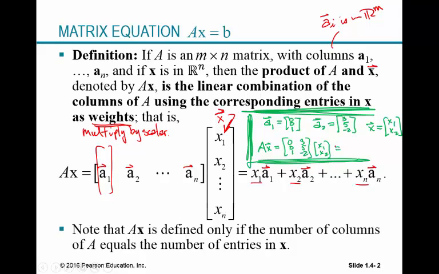And then you're going to multiply that by x1, x2. What are you going to get? You're going to get x1 times 0, 0, 1 plus x2 times 3, 5, negative 2.